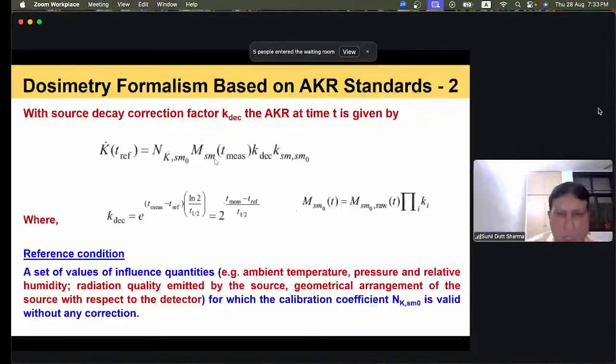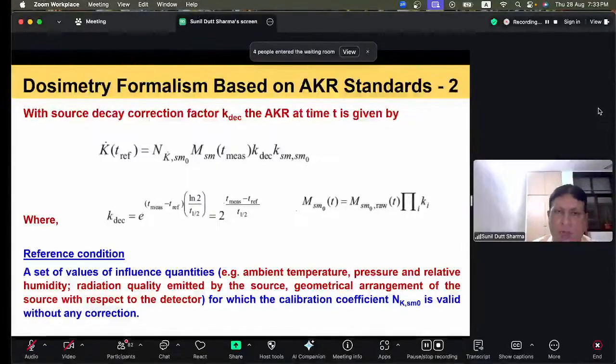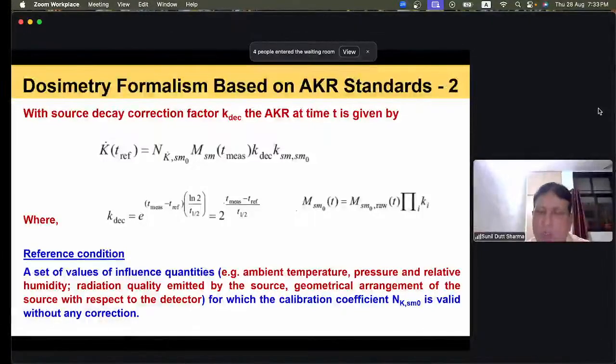Now you know that if, for example, we are dealing with iridium 192, there will be a decay correction factor because the iridium 192 half-life is around 73.9 days. So definitely, if you would like improved accuracy in the measurement of the source strength, this correction should be applied.